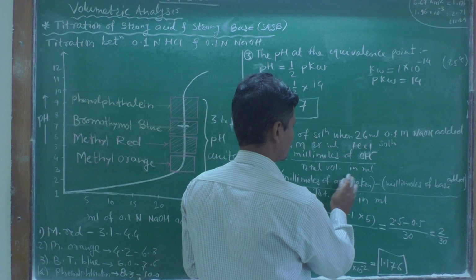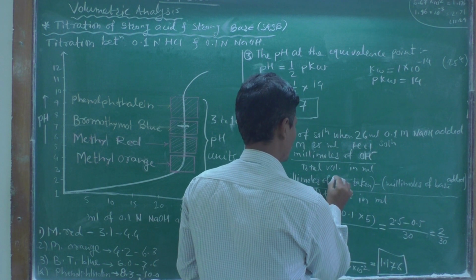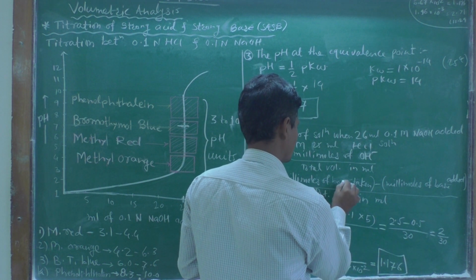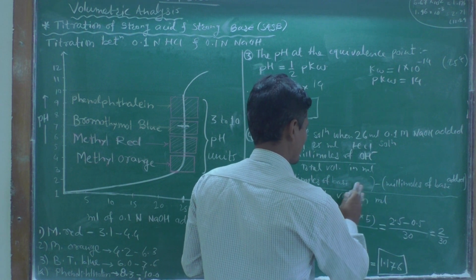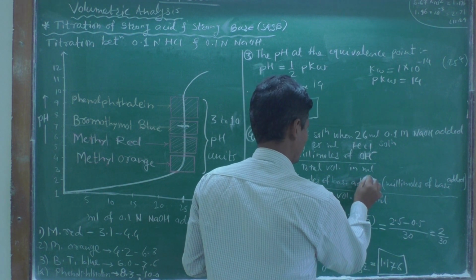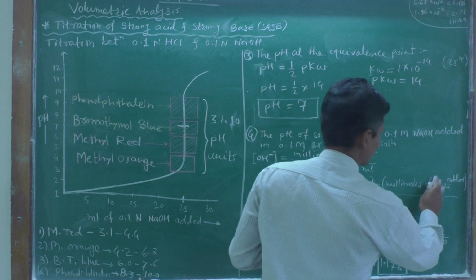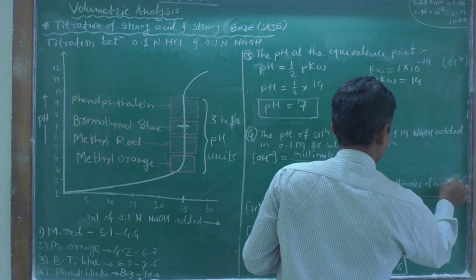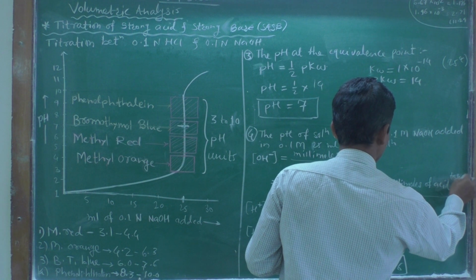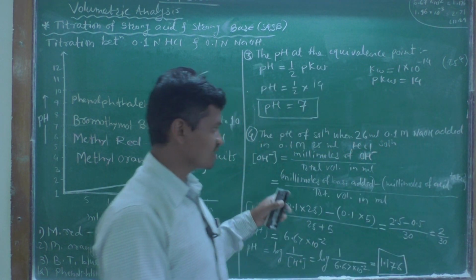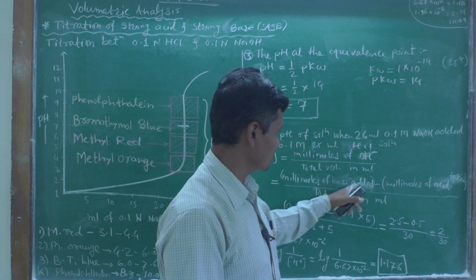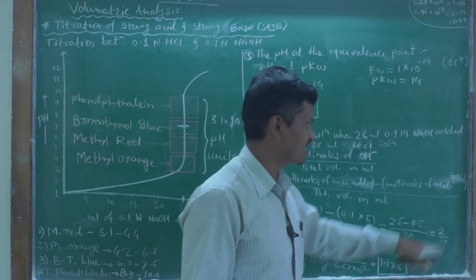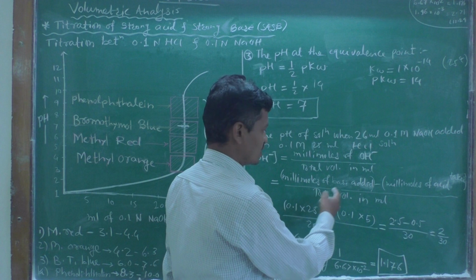Millimoles of OH minus will be millimoles of base added minus millimoles of acid taken, reverse of the second case: millimoles of base added minus millimoles of acid taken. The denominator will be the same.